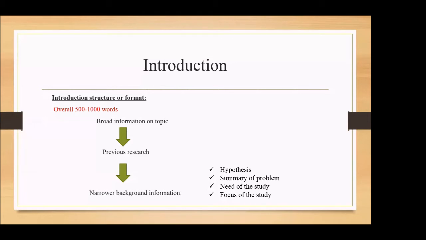Sometimes it exceeds that number, sometimes it's below, but most journals have between 3,000 to 8,000 words. Sometimes they tell you the number for each section specifically. If they don't, it's usually between 500 to 1,000 words.